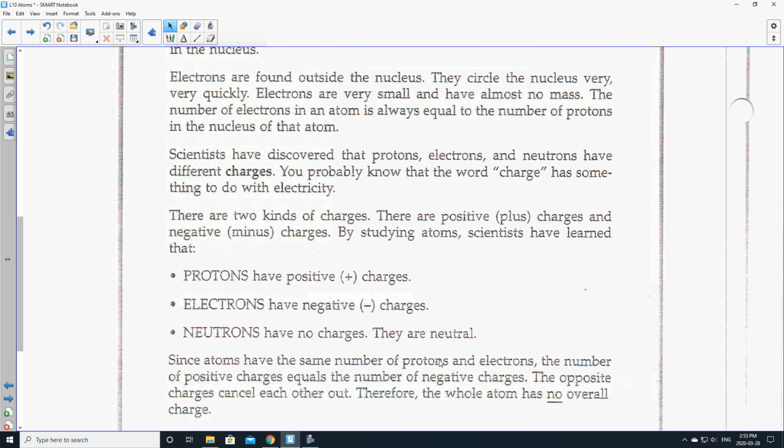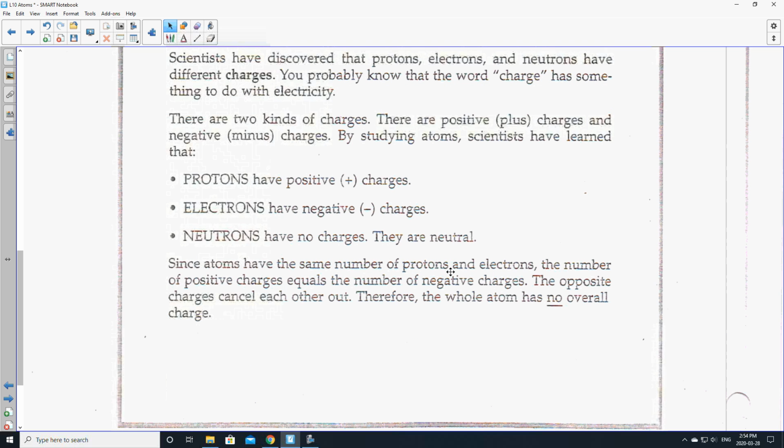They are neutral. Since atoms have the same number of protons and electrons, the number of positive charges equals the number of negative charges. The opposite charges cancel each other out. Therefore, the whole atom has no overall charge. Feel free to rewind and read that over again before tackling the problems.